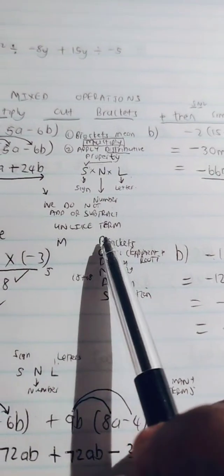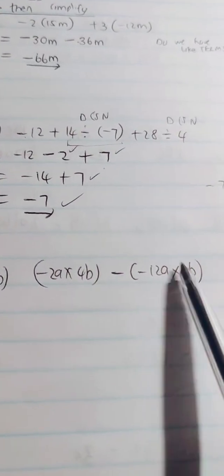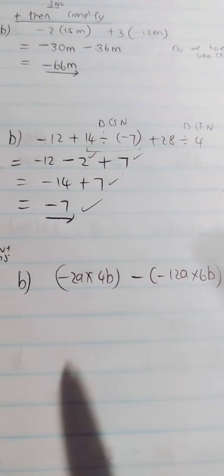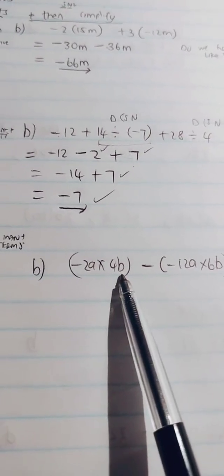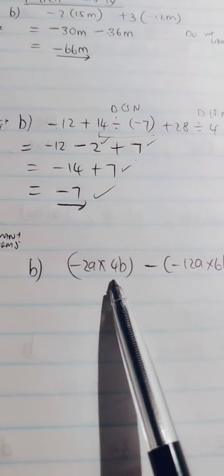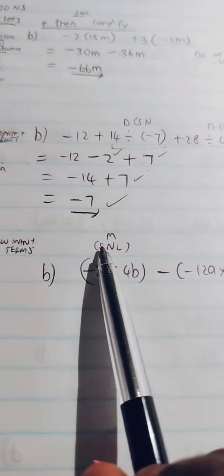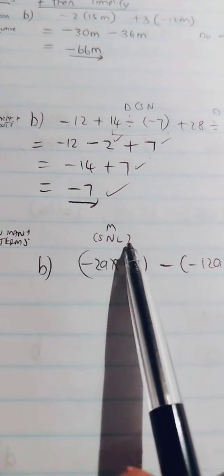But what does BODMAS say? BODMAS says brackets, we start with brackets. Now, if we look inside the brackets, are there things that we can do? Yes, definitely there are. So we have a bracket, and inside the bracket, there is multiplication. And we know that multiplication needs to be multiplied by considering sign, number, letter.